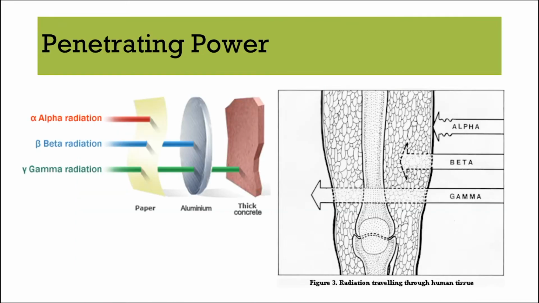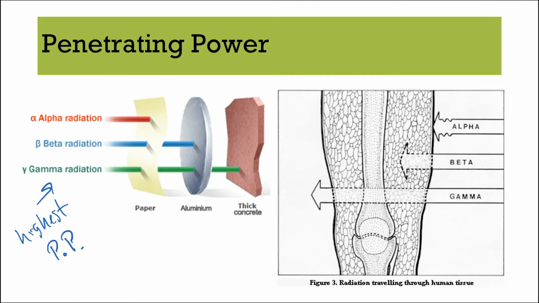Cool. This next slide shows the penetrating power, and you see how gamma radiation goes through these different mediums: paper, aluminum, thick concrete. It cannot penetrate through thick concrete or lead. Looking at this, gamma radiation has the highest penetrating power, meaning it can go through the most things.